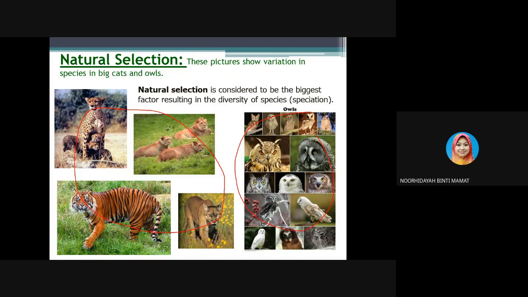So basically, natural selection is the variation in traits which can result in more fitness in that particular organism or animal.